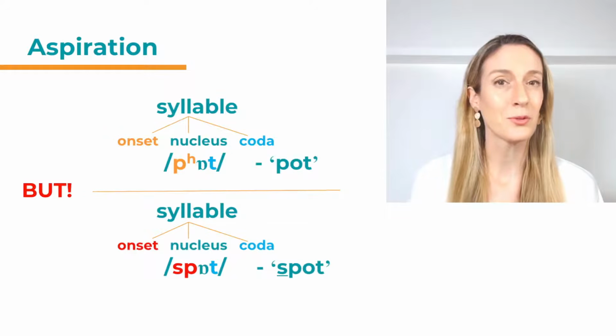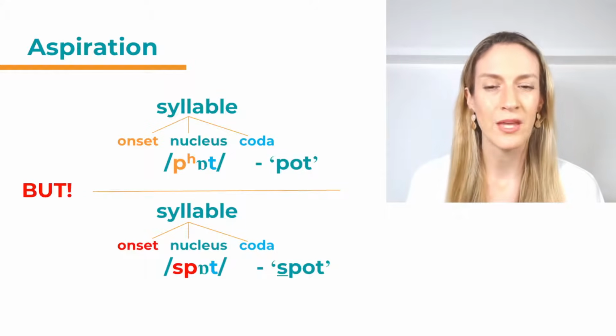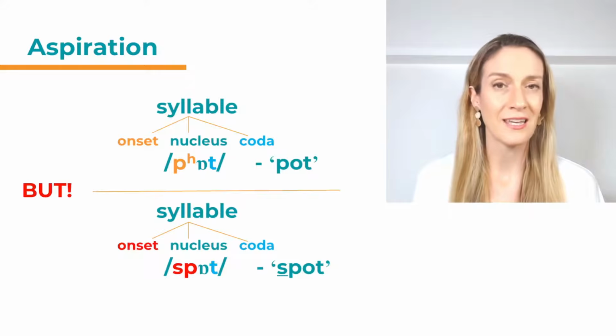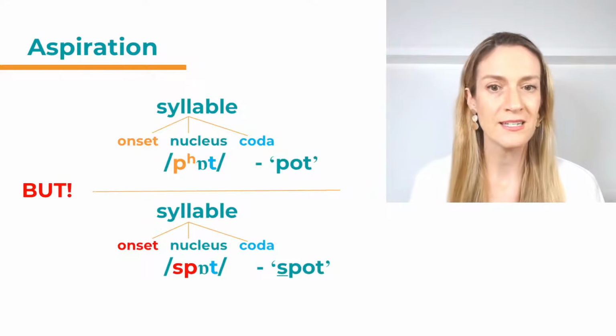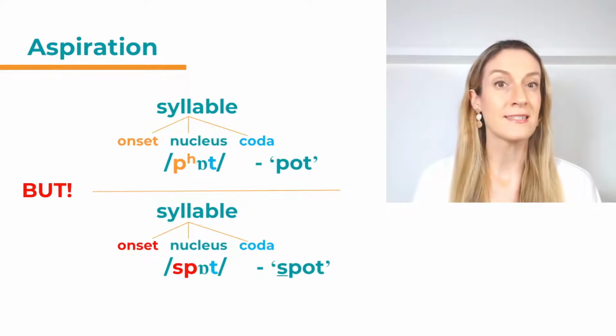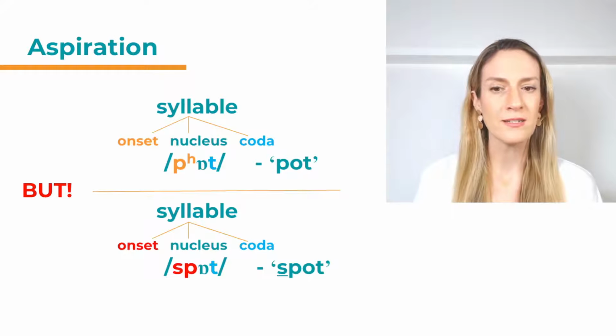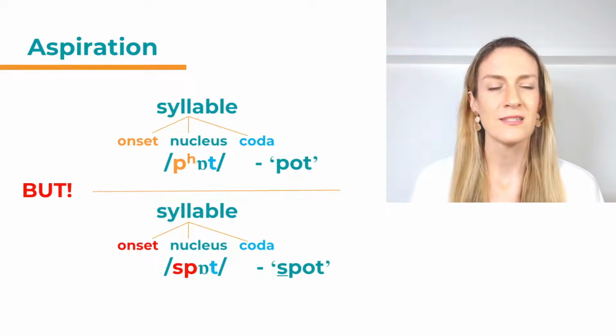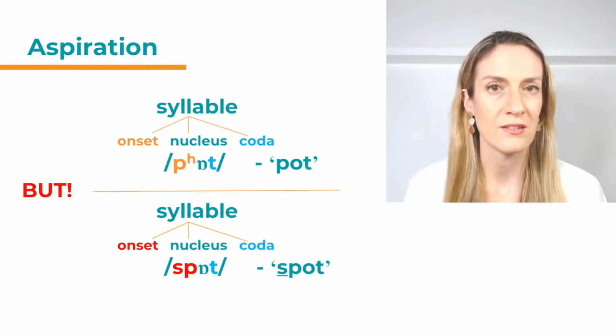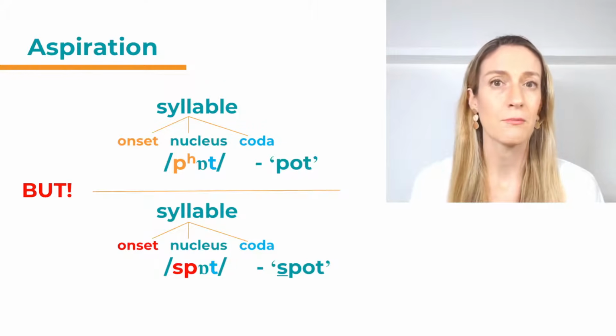Now, there's something important to remember with our rule. So we had the word pot, and I said very often this is aspirated, but there's a very similar sounding word called spot in English. Now, spot is different because spot in its onset has two consonant sounds, s and p.